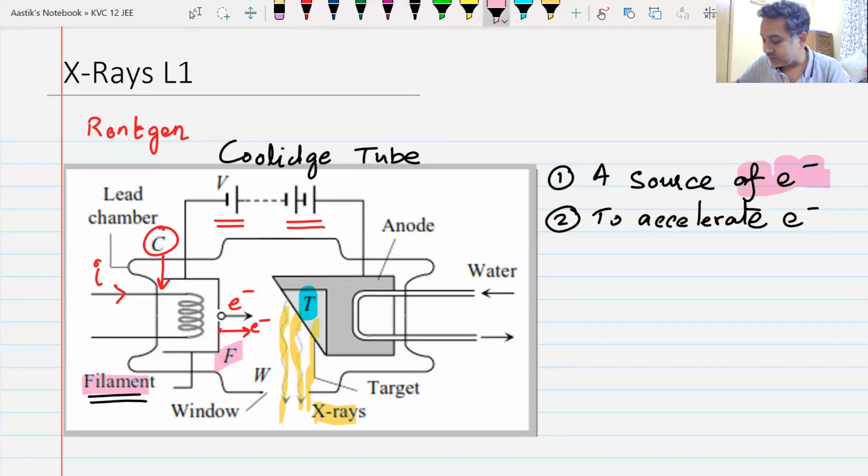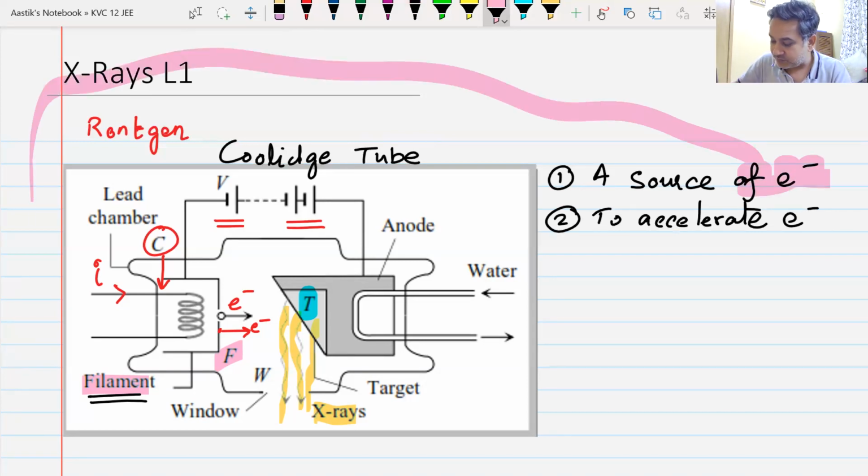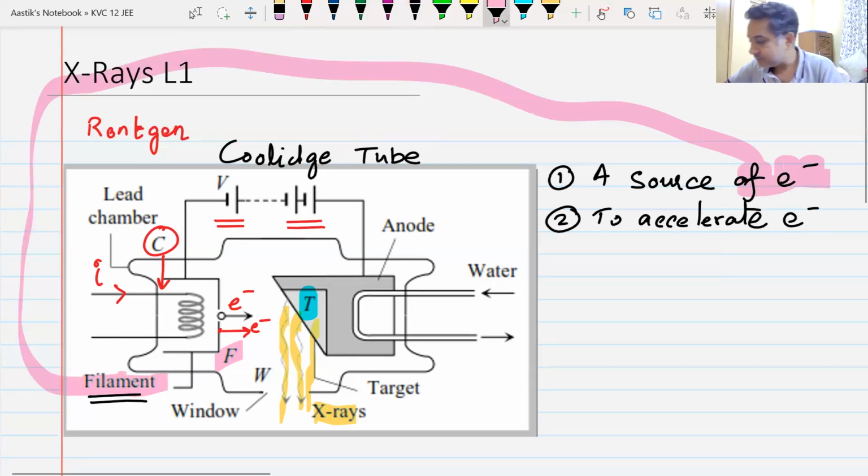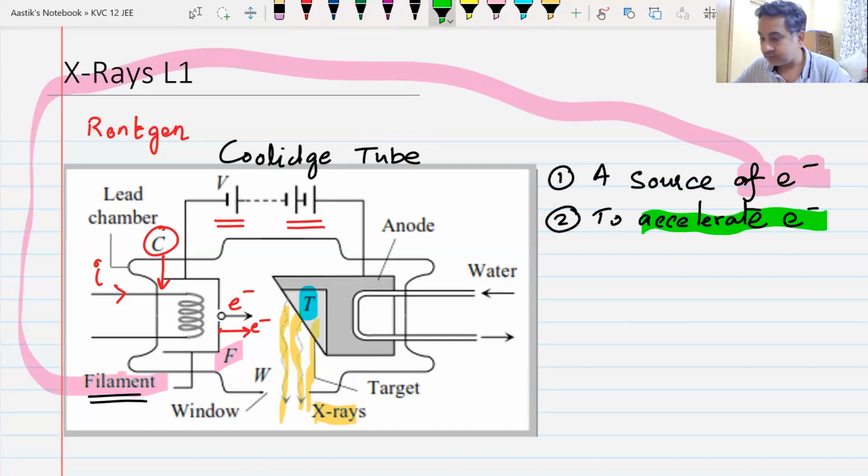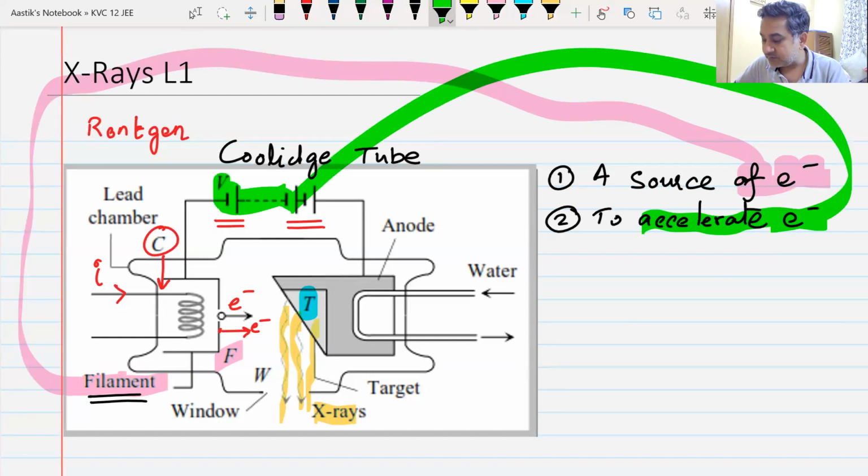The source of these electrons is this filament. How are we accelerating these electrons? We use this battery, this potential difference, to accelerate the electrons. Do we understand this?